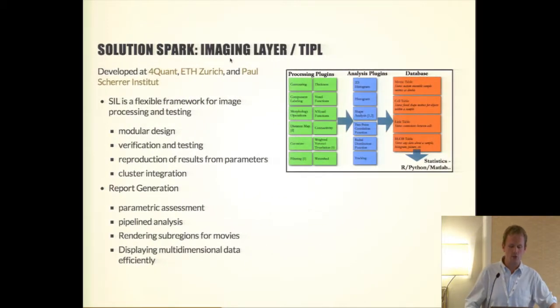So for the solution we came up with to these problems, it's a Spark imaging layer, and it was developed at ETH Zurich and the Paul Scherrer Institute and 4Quant.